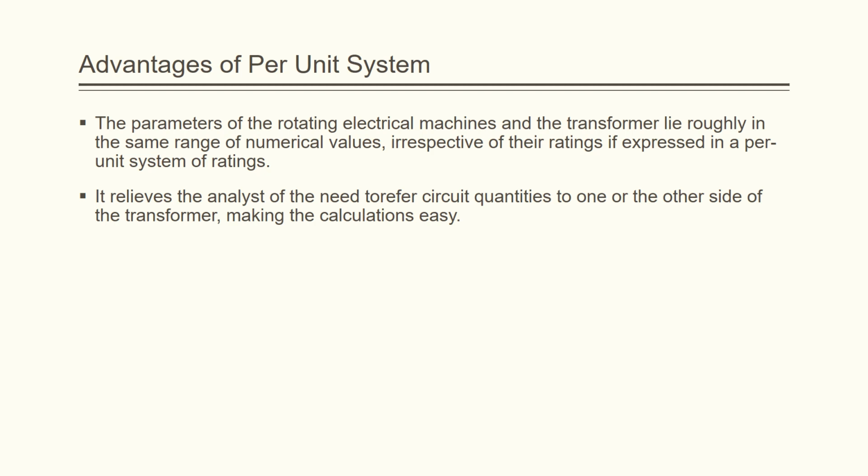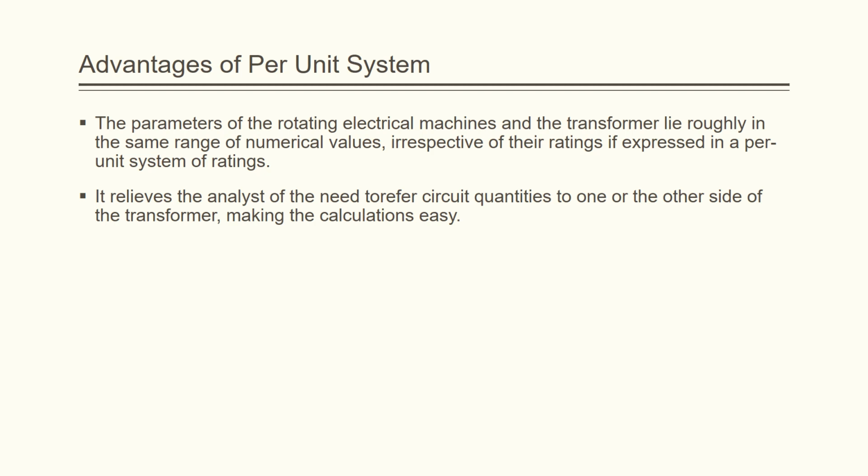The values when represented in per unit lie in a narrow range. Therefore, enormous data can be easily checked. The per unit system is ideal for computerized analysis and simulation of complex power system problems. For a three-phase transformer, the per unit calculation is the same for both star and delta connected networks. So these are the various advantages of per unit system.